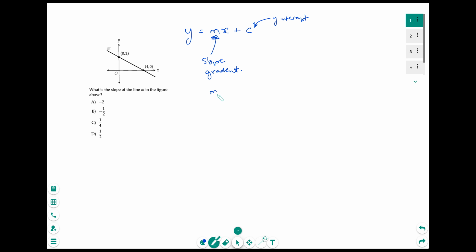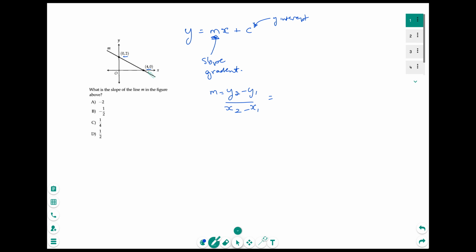The formula for the slope of the line, as you may or may not remember, is y sub 2 minus y sub 1 over x sub 2 minus x sub 1. Y2 minus y1 over x2 minus x1. So let's go ahead and put in some values based on what we have from the graph. It doesn't matter which one is y2 or which one is y1, as long as you keep them consistent.